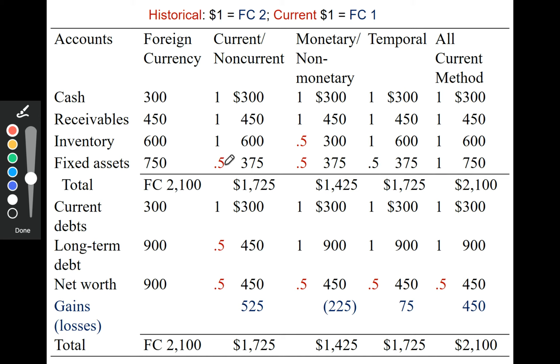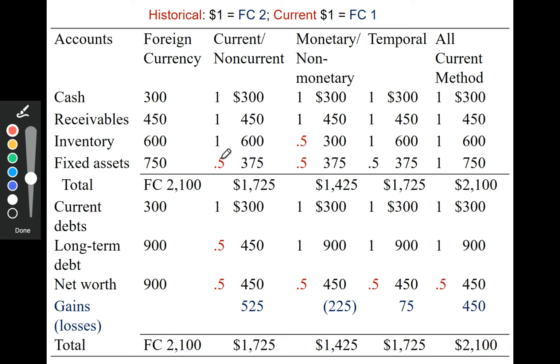I ask myself, are they short-term or long-term? Fixed assets are a long-term asset. They last more than 1 year, for example, a building. And for translating historical exchange rates, I multiply by half because the foreign currency is half price in terms of dollars. 2 foreign currencies buys a dollar.